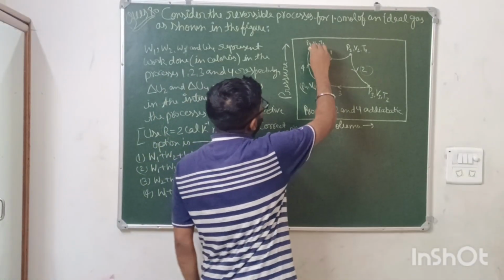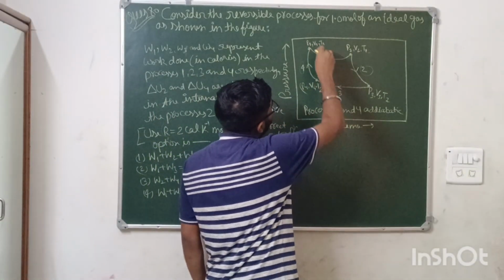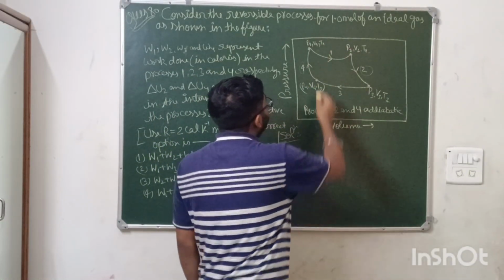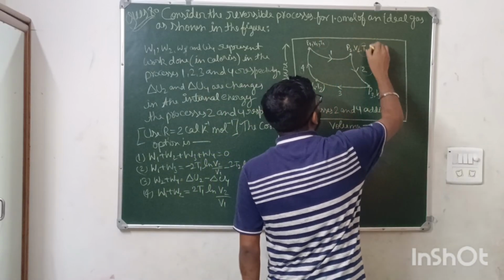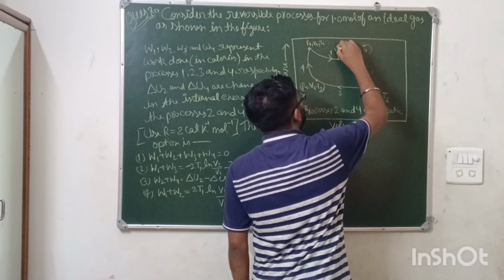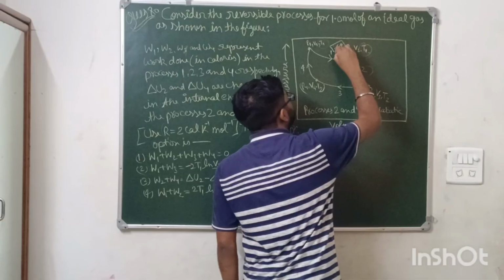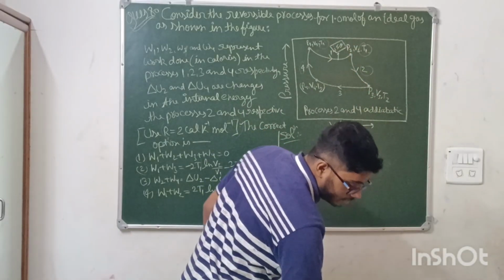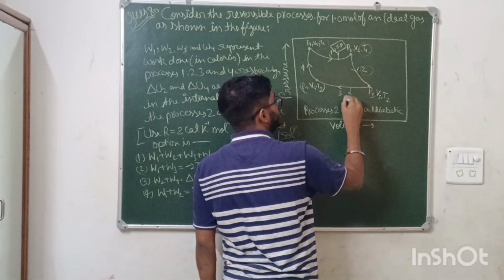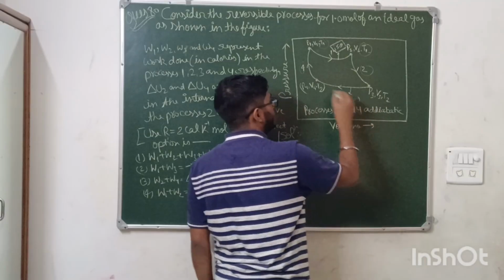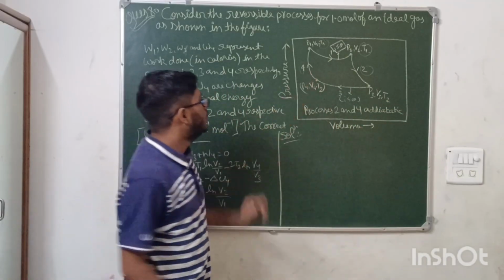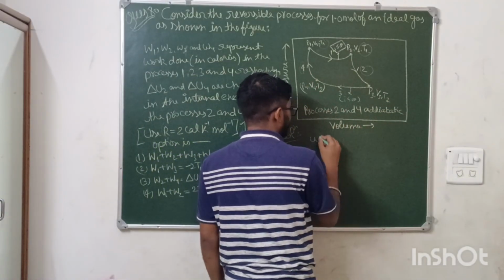If you go through process number 1, temperature T1 is here also, T1 is here also, which means this is an isothermal process. Temperature is constant. Here also this is an isothermal process because temperature is constant, T2, T2.